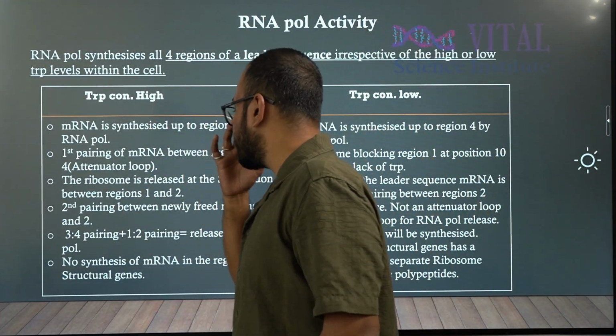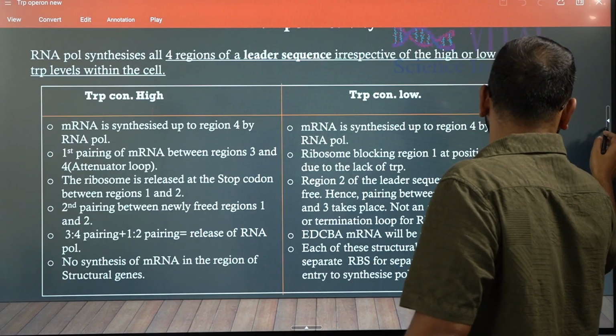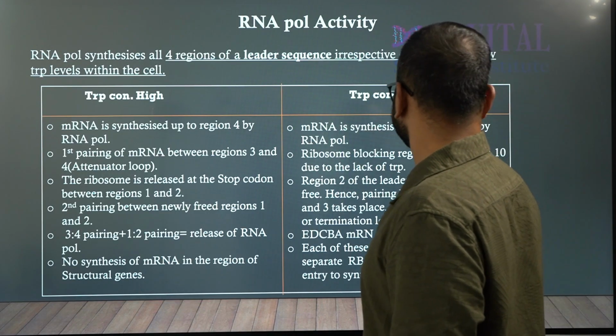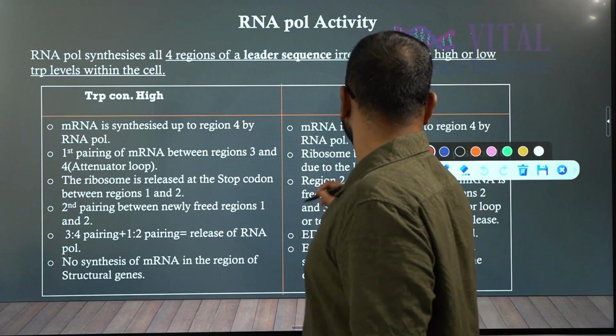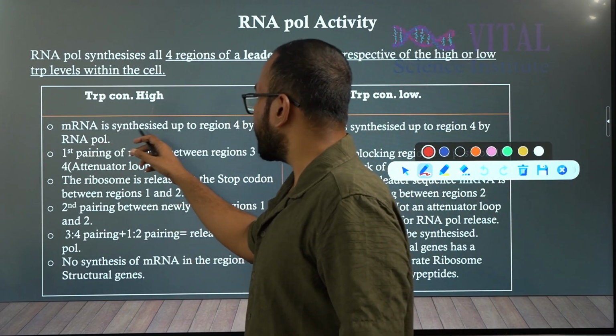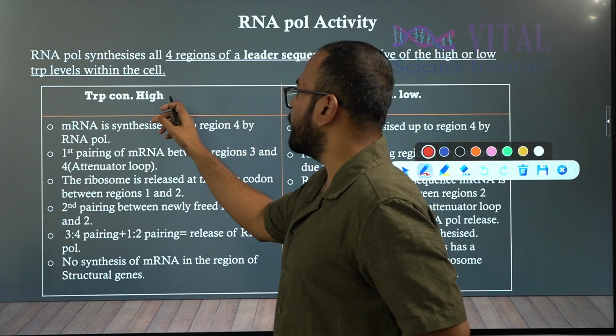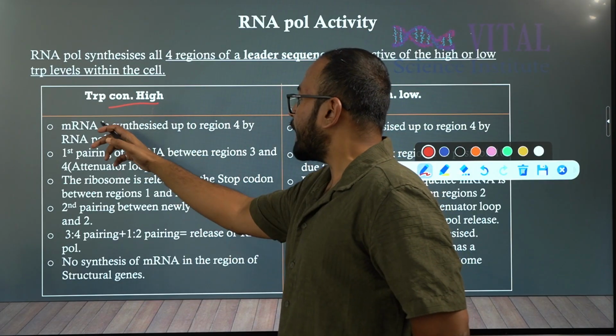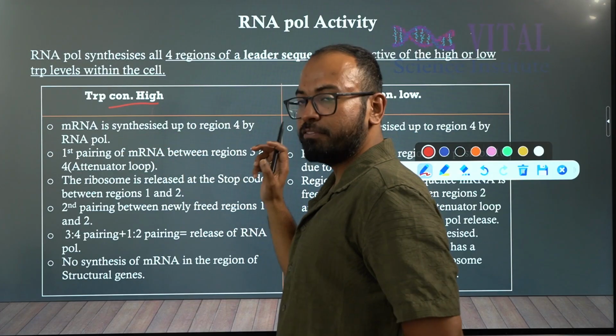Let's go through these segments. When tryptophan concentration is high, what is happening? mRNA is synthesized up to region 4.